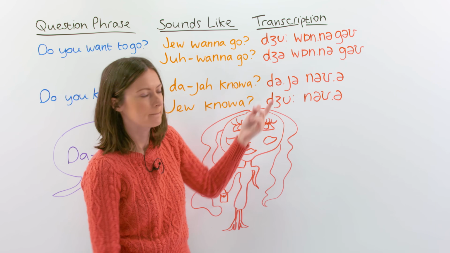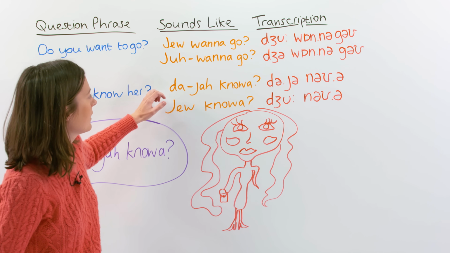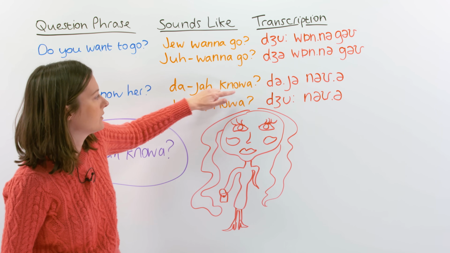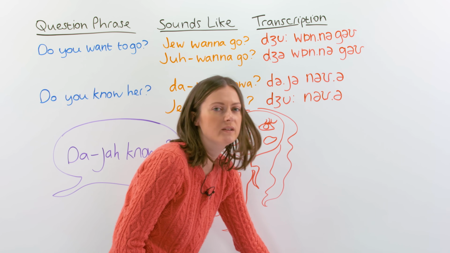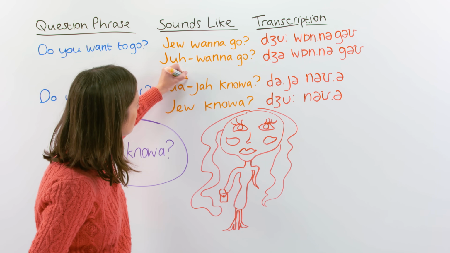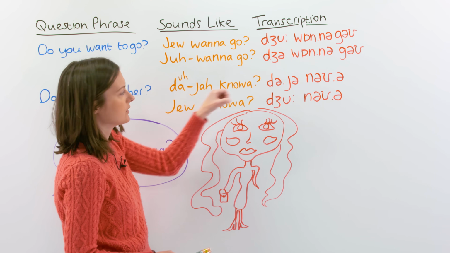Schwa is here, here, and here. Here I've spelt it with A. Da, ya, know her. But if I wanted to, I could also spell it like D-U-H. Do you know her?